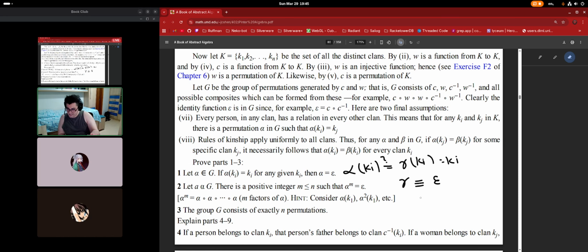No, but that's not what I said. What I said is that, back to point one here, I'm trying to establish that I may have a gamma that if applied to Ki also goes to Ki. But I'm working on the assumption that this gamma can be different than epsilon, and what I have to prove is that it must be equal to epsilon. But if I have such a gamma that when applied to Ki goes back to Ki, how can this not be epsilon?